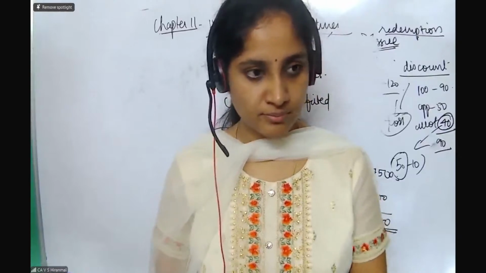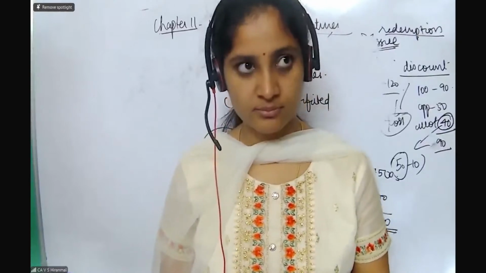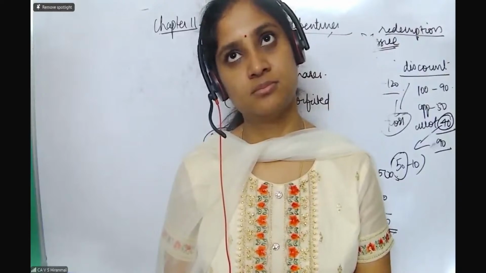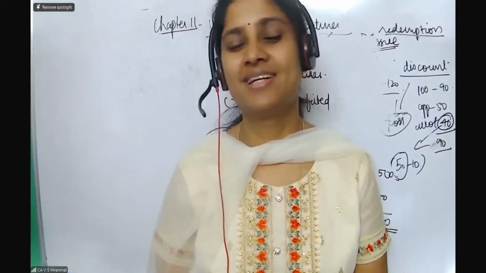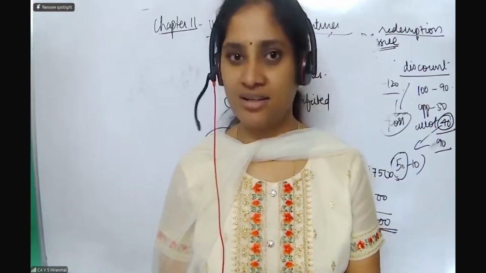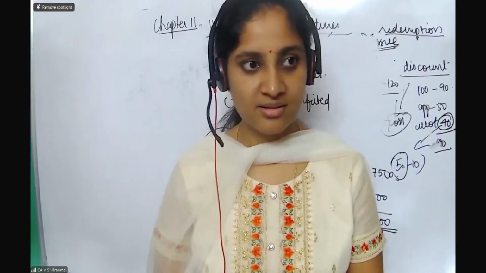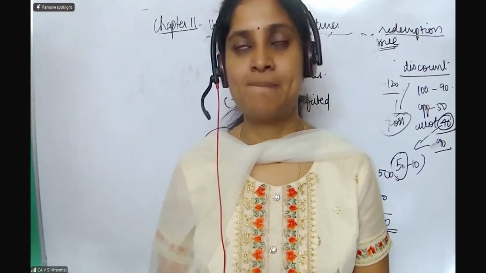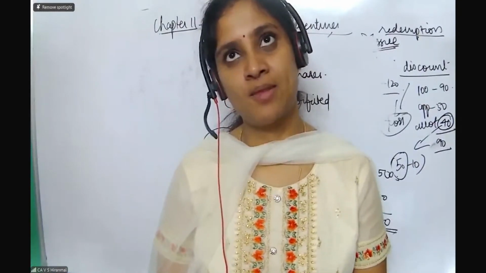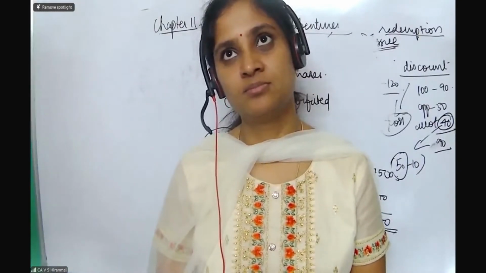We debited that, ma'am. Again, to the equity share allotment account we are showing 5 rupees instead of 3 rupees because we already debited 2 rupees. In study material, they are showing 500 into 5 rupees as calls in arrears.